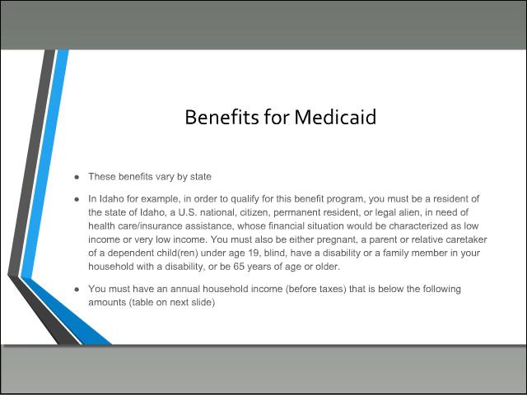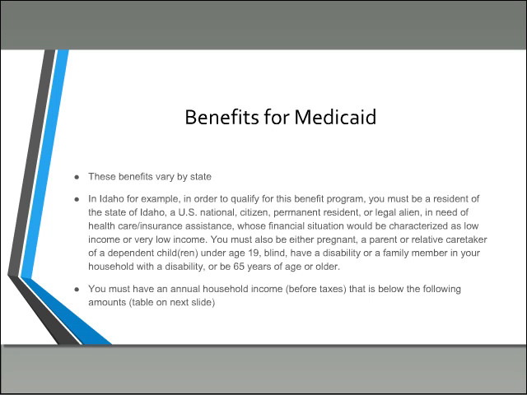For the benefits for Medicaid, I found that this one varies by state, so I put an example for Idaho. The qualifications to benefit from this program are that you have to be a legal resident and citizen of the state, and you have to be in need of that assistance. Your income has to be fairly low, and you have to be 65 years or older or have a specific disability if you're younger.